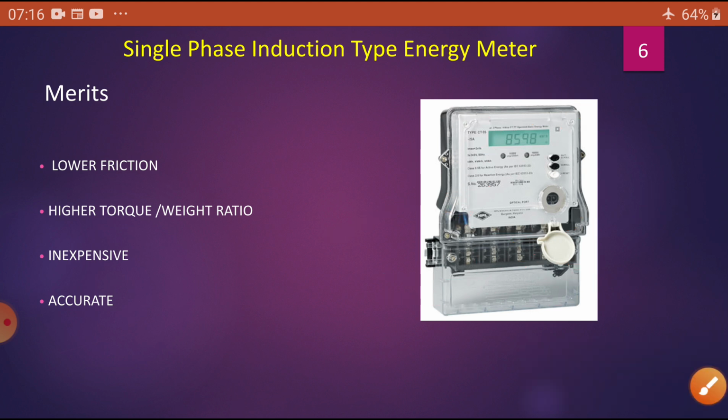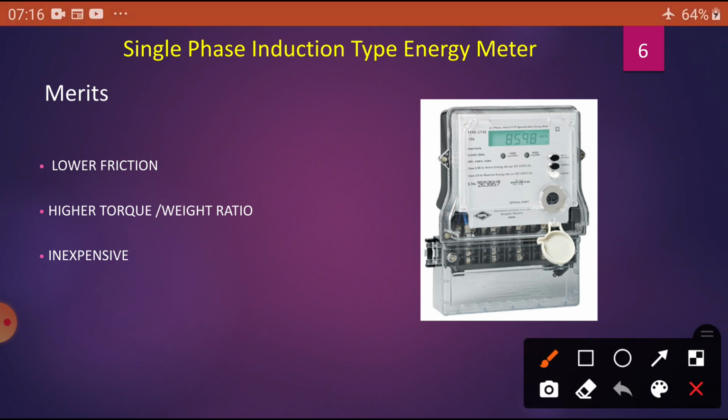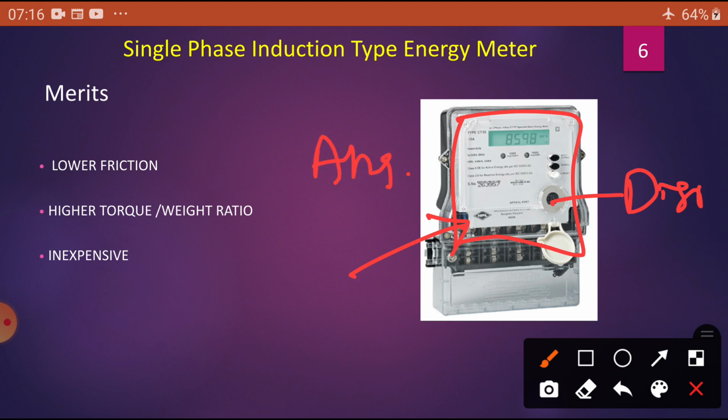Now, what is inside? If I open this body of our energy meter, what are the different systems present inside? It is digital or analog, where the disc is present.